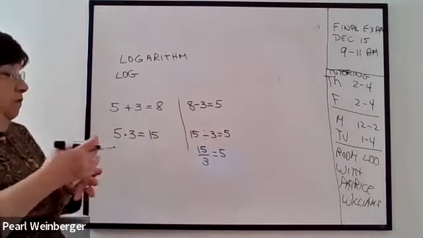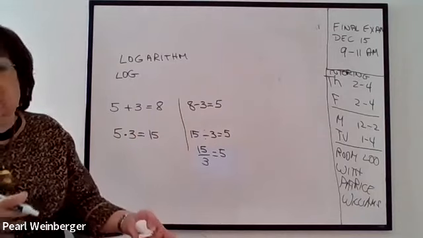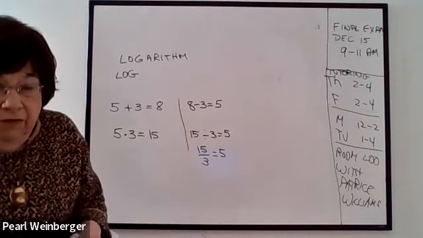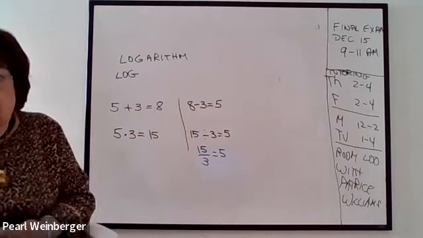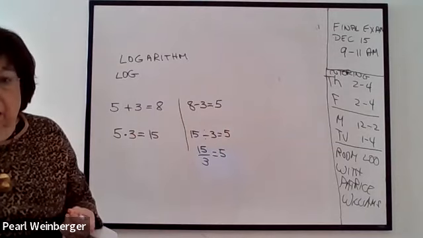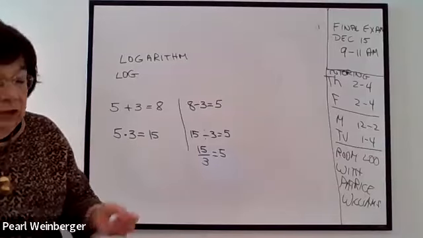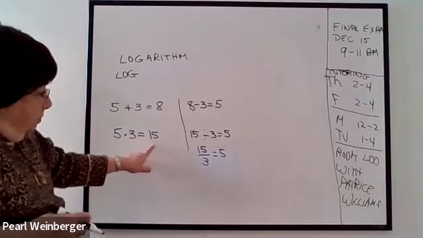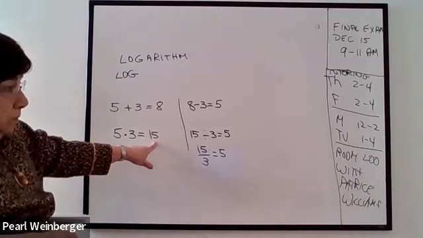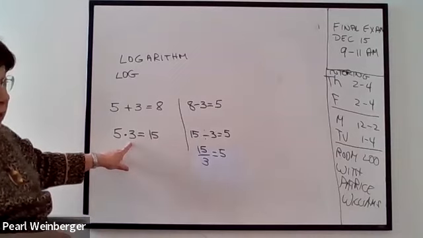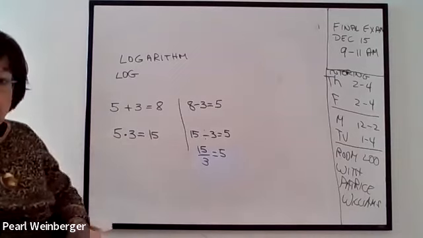But division is the inverse operation of multiplication. It undoes the process of multiplication. If you take the answer that you get from multiplication and divide it by one of the numbers, you get one of your original numbers.